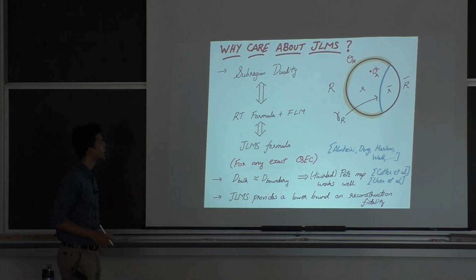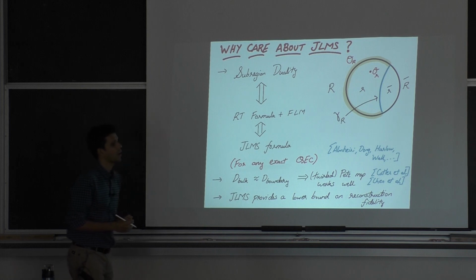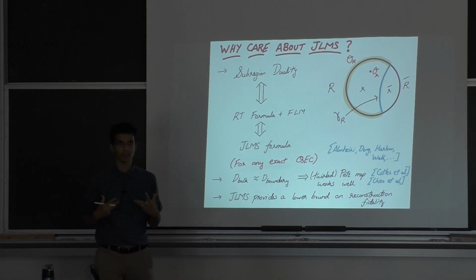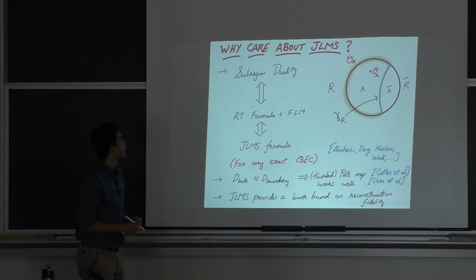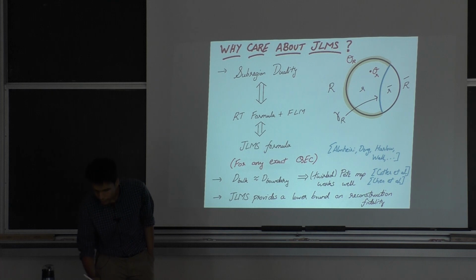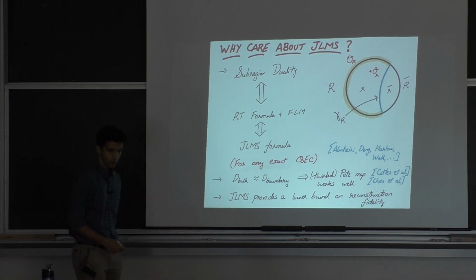As shown by many authors, a nice way of interpreting holography is as a quantum error correcting code, where the statement is that when you have an error correcting code with this property of subregion duality, which says that any operator in the entanglement wedge little r can be reconstructed on the boundary capital R, this property is in one-to-one correspondence, equivalent to having something like an RT formula with FLM corrections, and also equivalent to having the JLMS formula.